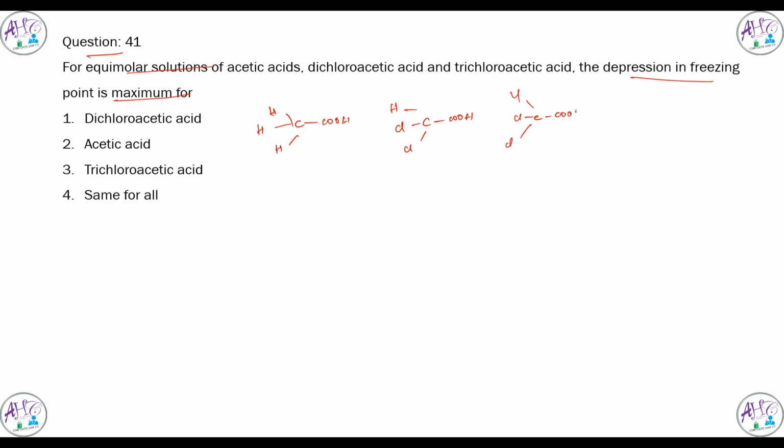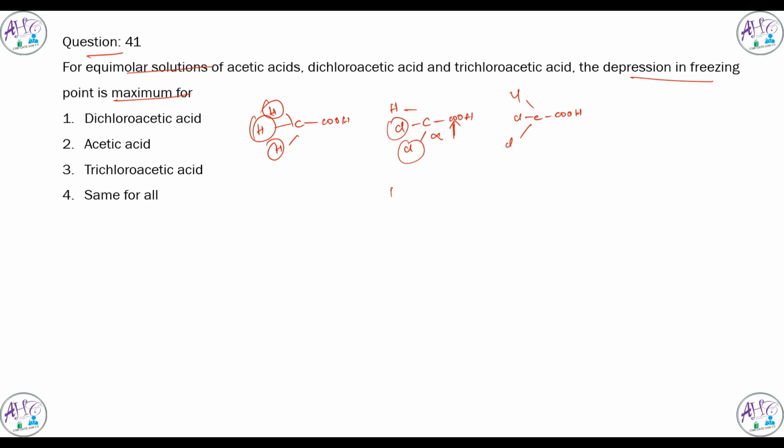Okay, so if you see the alpha position, wherever your carbonyl group is present, the next carbon is called your alpha carbon. In the alpha carbon of acetic acid you can see it has only hydrogens, but in case of dichloroacetic acid and trichloroacetic acid, it has electron withdrawing groups. So what does that impact?